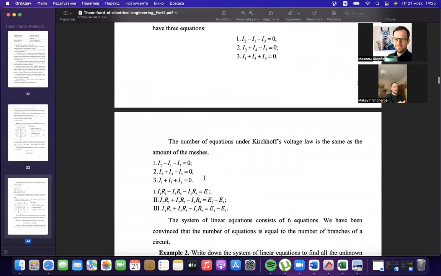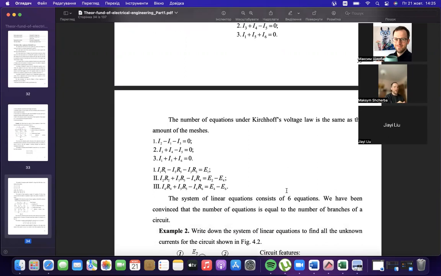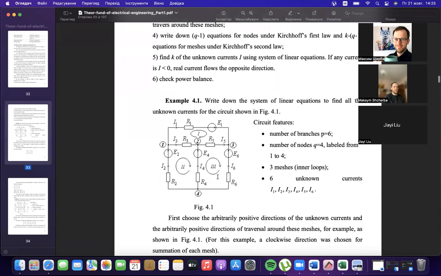It is quite high, because if we use the matrix form of solving such a system, the matrix will be of dimension 6 by 6, 6 rows and 6 columns. And in computers that's okay, but if we want to deal with, for example, an engineering calculator, it will be quite a complex calculation. And in any case, this system is quite simple, only 3 meshes.